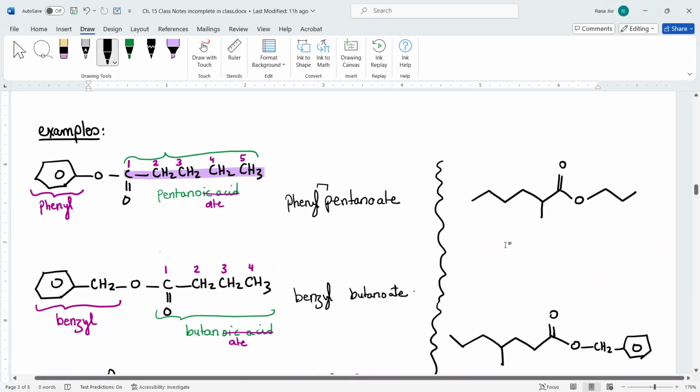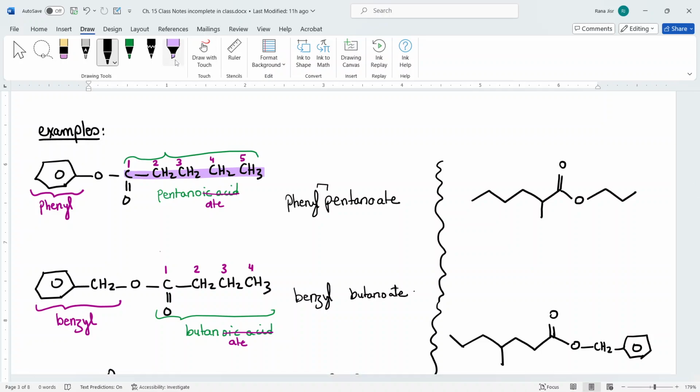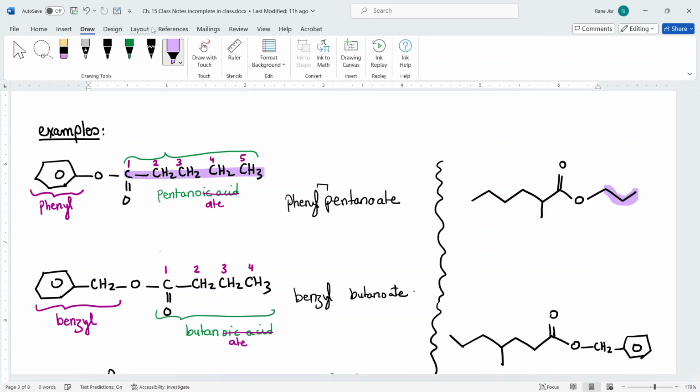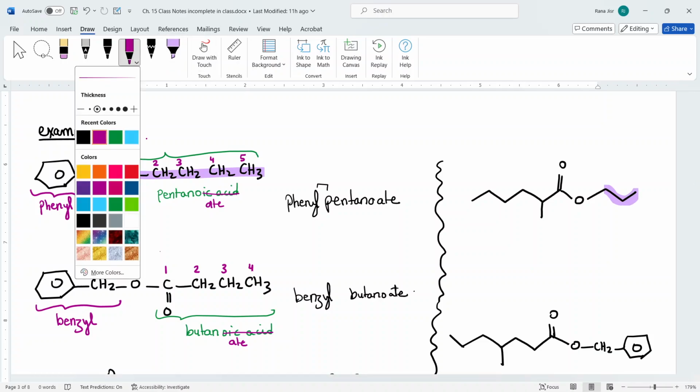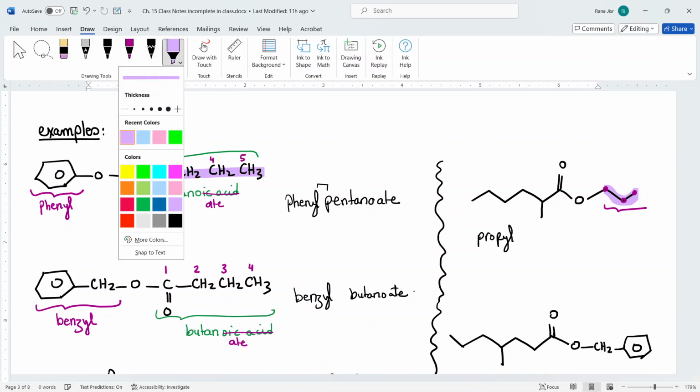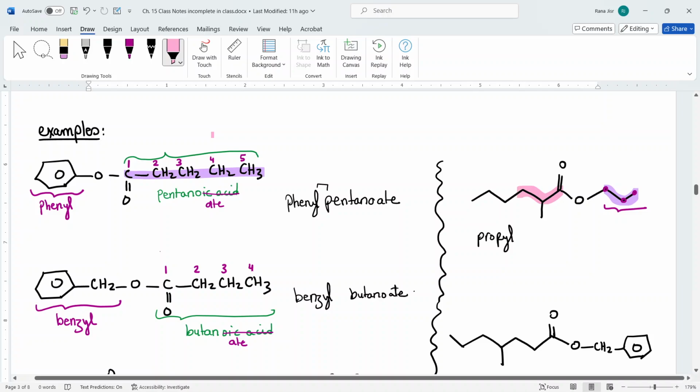Let's have another example here. Notice here we do have a substituent. So we're going to start first by naming the group that is connected to the oxygen. Always, with esters, you start by naming the group that is connected to the oxygen. It's 3 carbons in there, so that is going to be a propyl. And then you go ahead and highlight the group that is on the carbonyl, including that carbonyl.